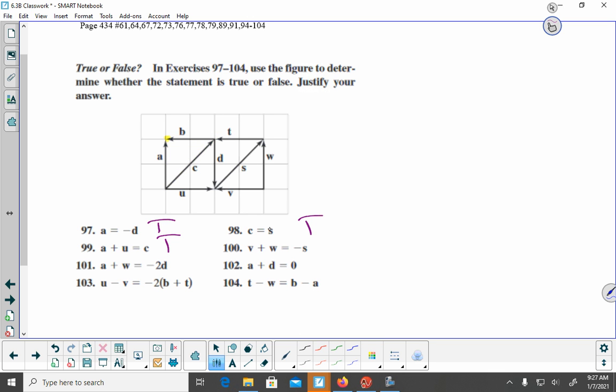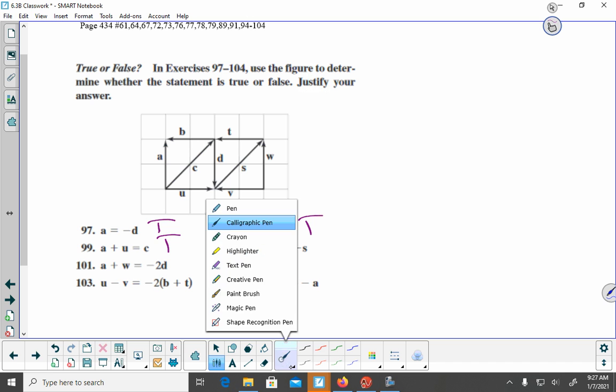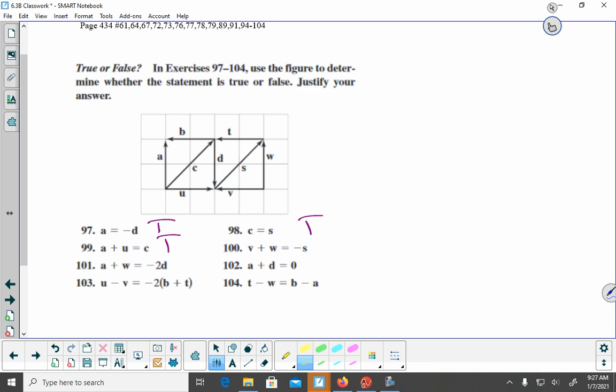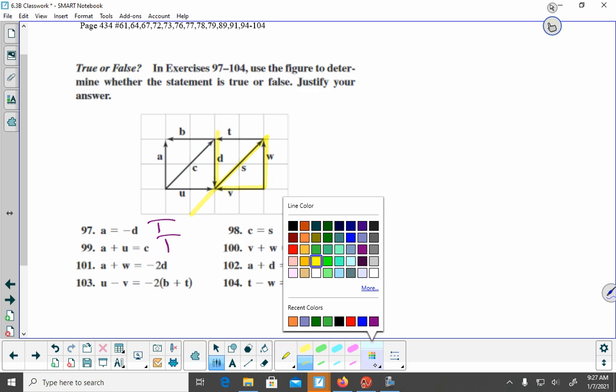B, so going to the left 2 units, plus W, which is going up 2 units, is equal to the opposite of S. S is going this way, so the opposite would go the other direction, and that would be true. No, that would be false, actually. I thought. That would be false.